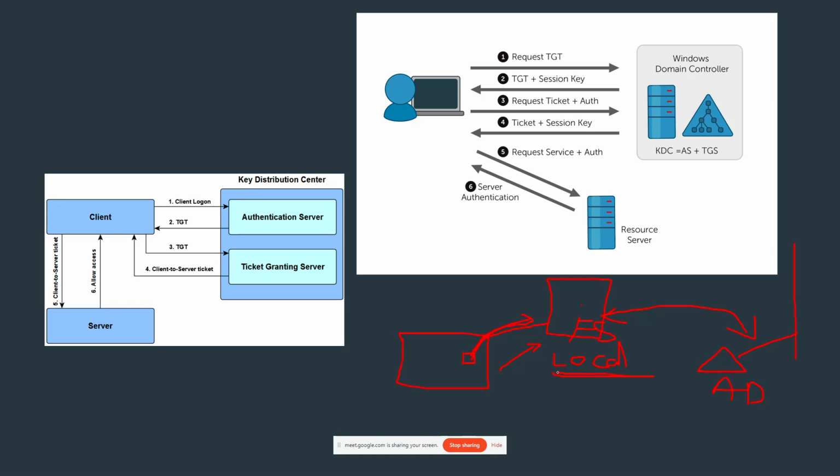Only local resources are allowed if you don't have access to the domain. For the domain, you need to get these keys from the KDC, the Key Distribution Center. Now it's clear.